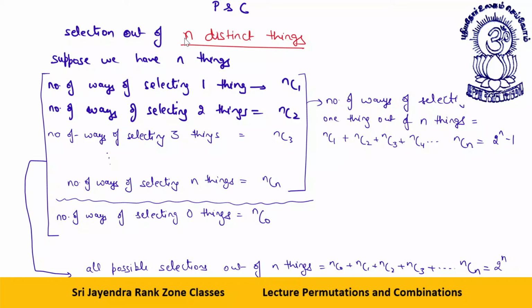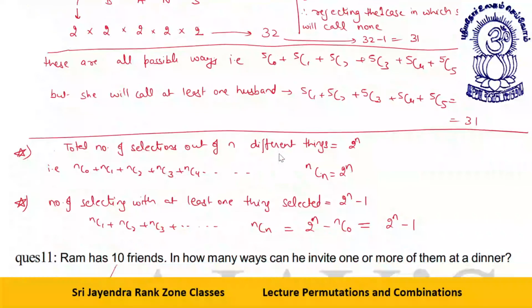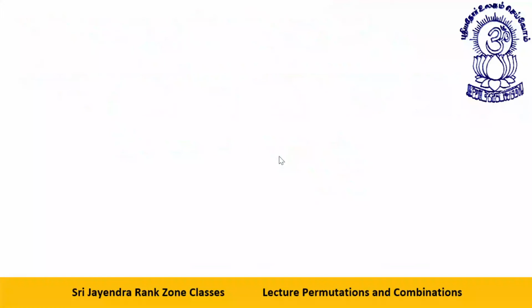Now we will take selection from similar things. Selection from n similar things. See, dear friends, similar things all are alike. Suppose I say I have 5 bananas.